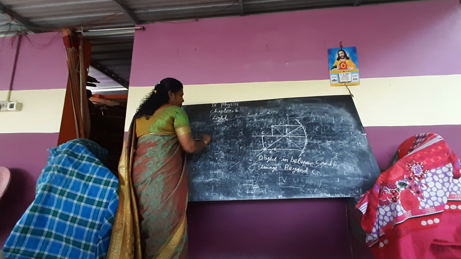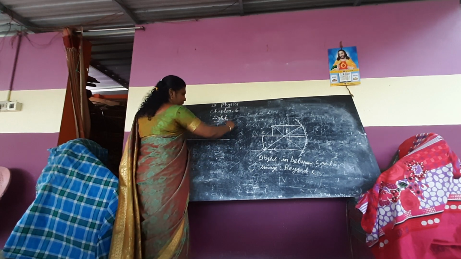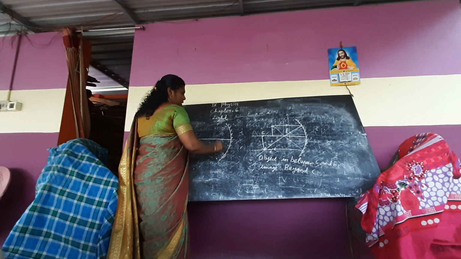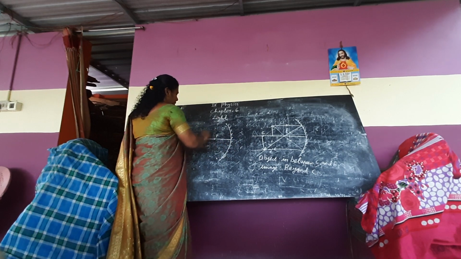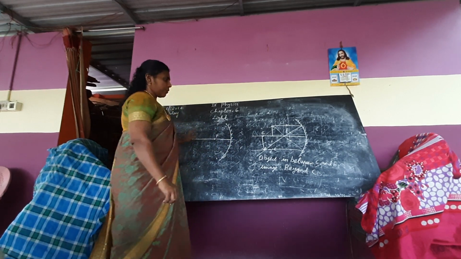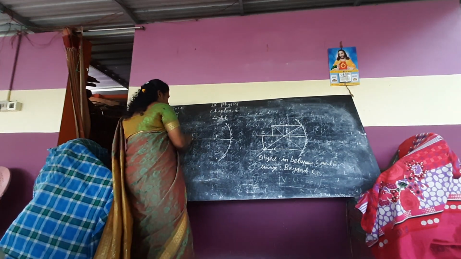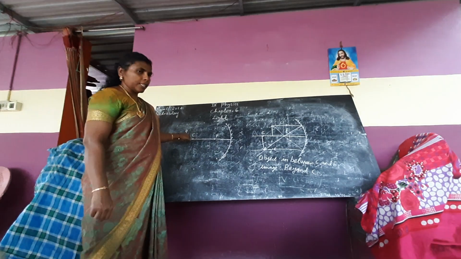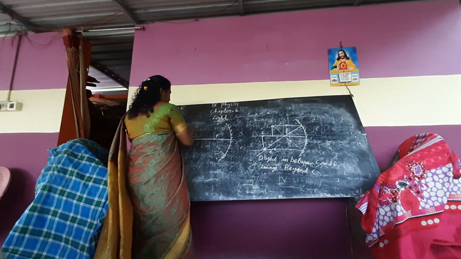Third diagram, see, this is the principal axis. Here the concave mirror, principal focus here and center of curvature C. The object is beyond C. Where you will get the image, you can see.